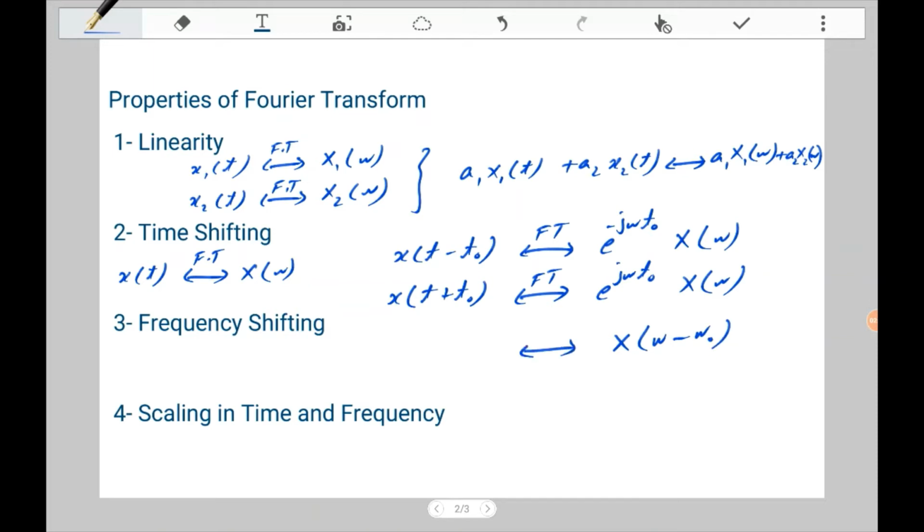In that case, the signal will be x of t e to the power j omega naught t. And similarly, if we shift frequency to omega plus omega naught, the signal in time domain will be x of t e to the power minus j omega naught t.